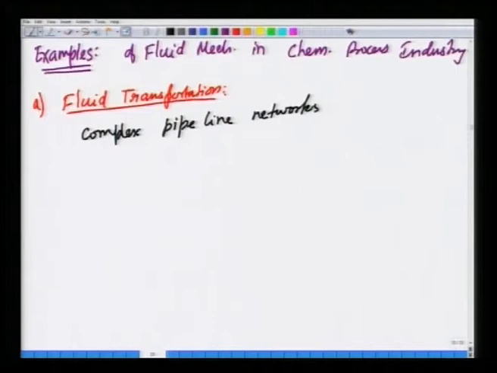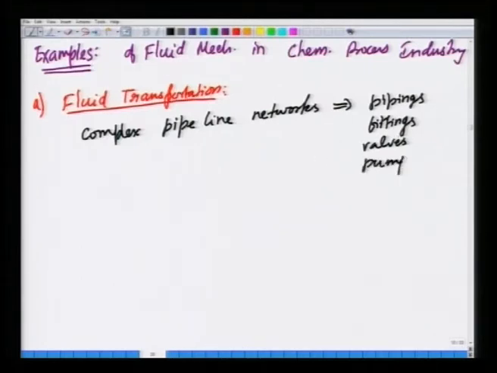So, you will have complex pipeline networks. This will have pipings, fittings, valves for controlling the flow, and then you could have pumps, blowers and compressors for driving the flow.